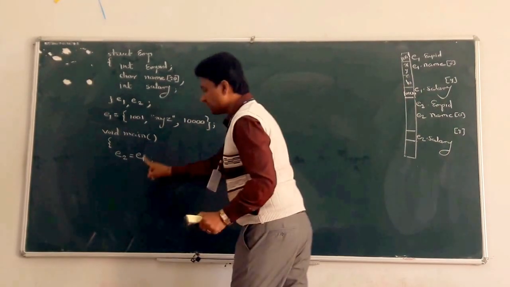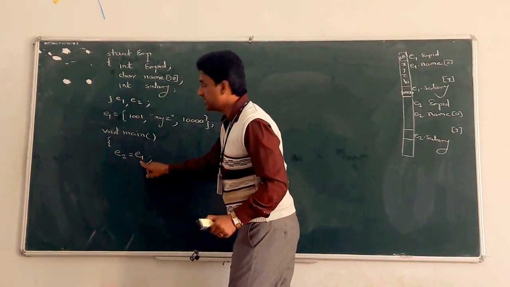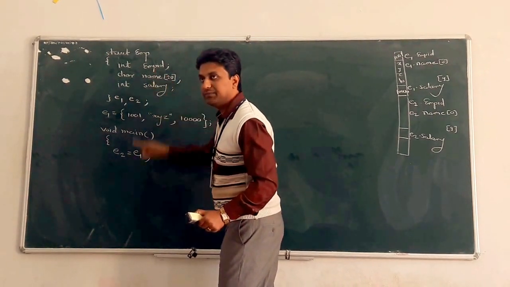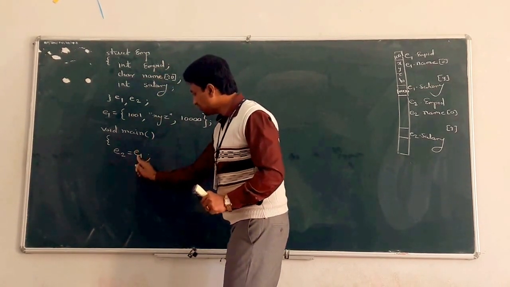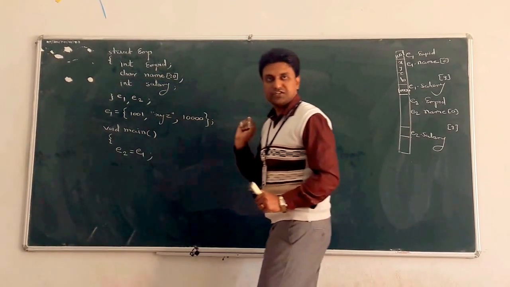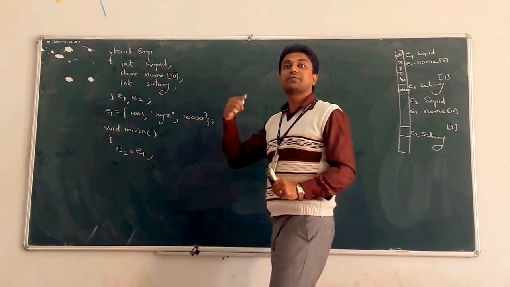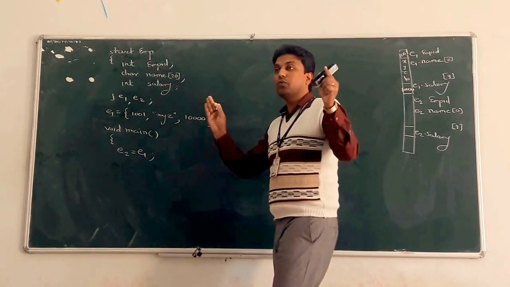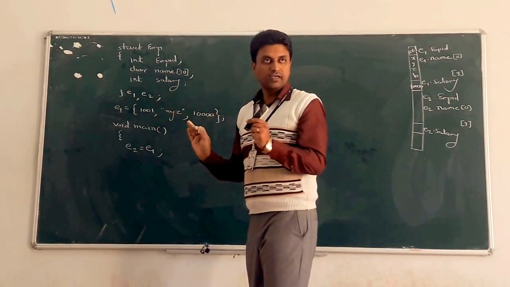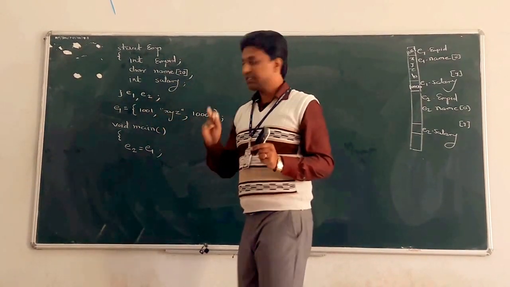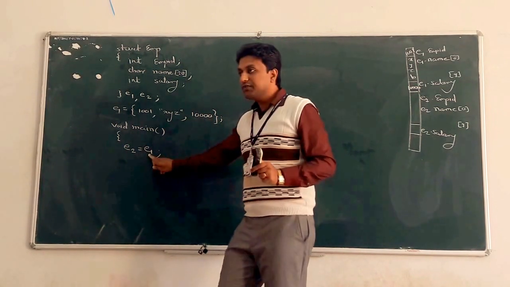What is the meaning of this? E1 dot employee ID, member by member, data is copied from one structure variable to another. How? Data member by data member, not the whole block as it is to another record's block. What are the data members of E1?